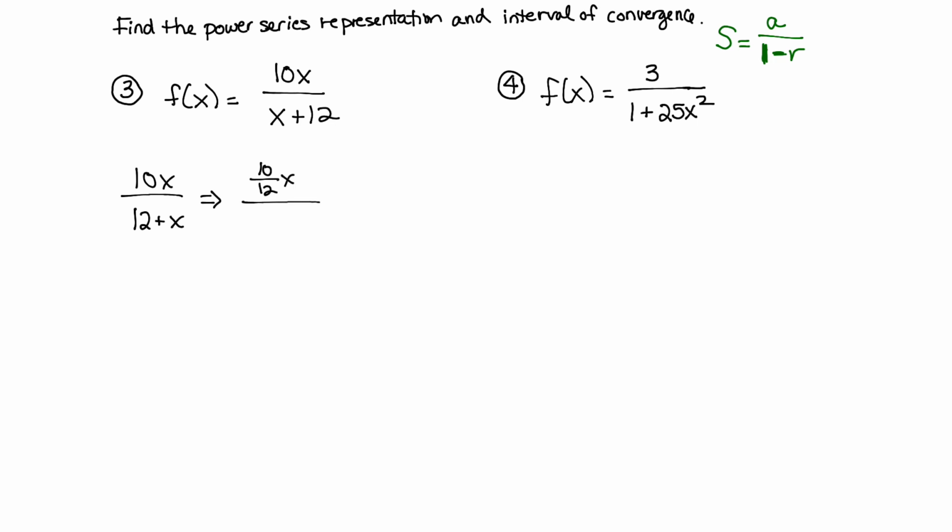That's what my brain says to me. That gives us 5/6 x over 1 plus 1/12 x. So yeah, multiply top and bottom by 1/12. Is that what you got?